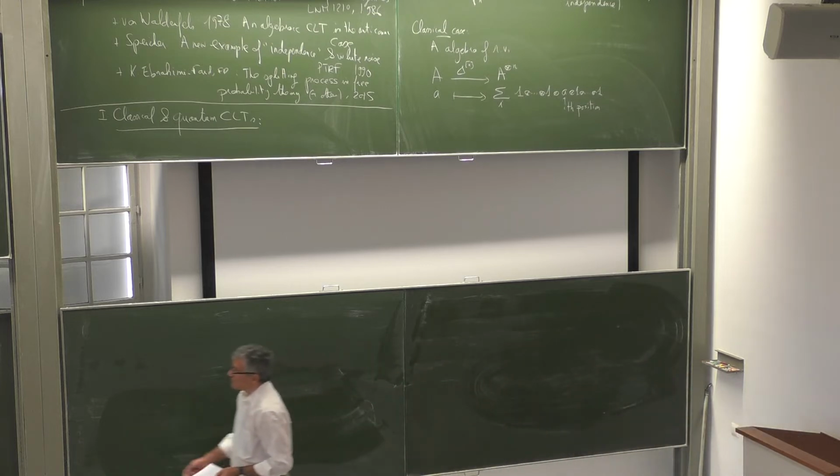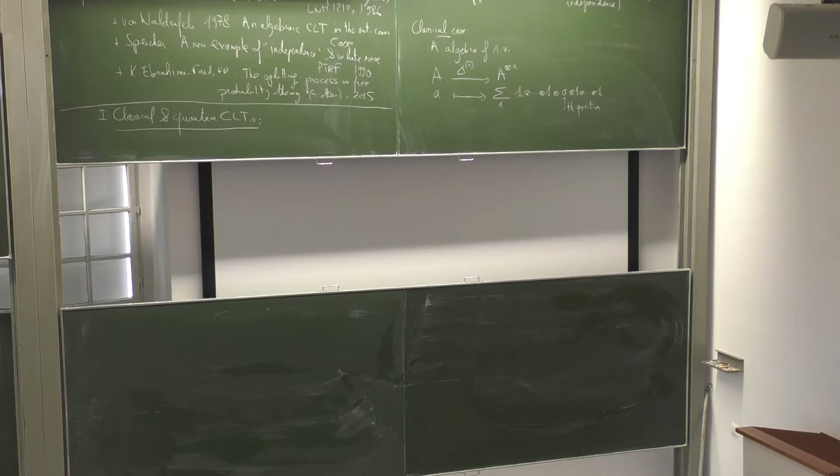So then the problem amounts to computing the following quantity. We write phi for the expectation map. So we want to compute the expectation of the product of delta n A1, ..., delta n AK.